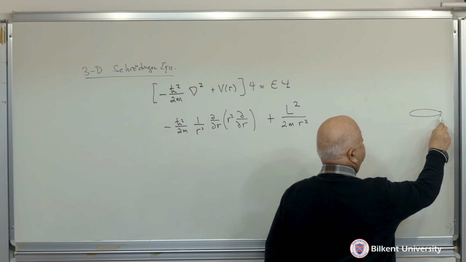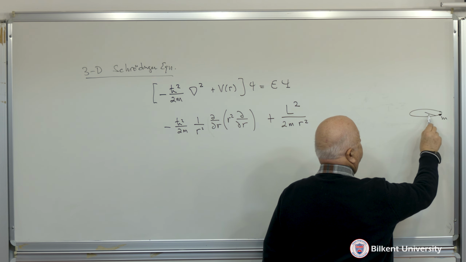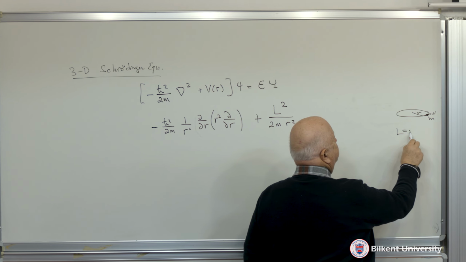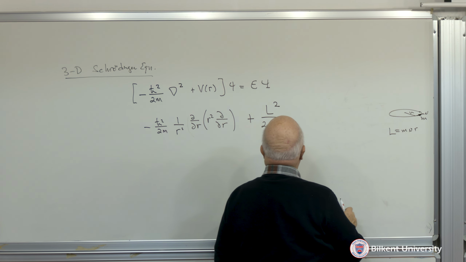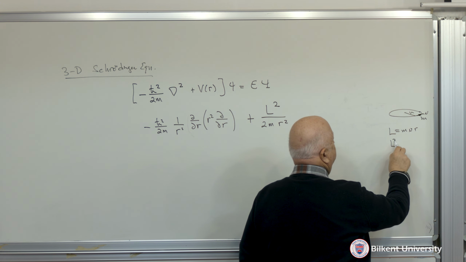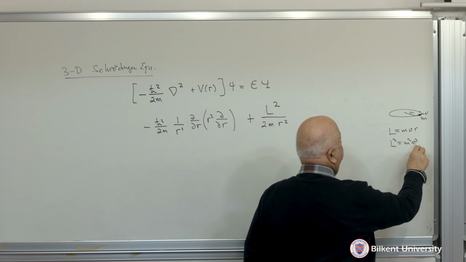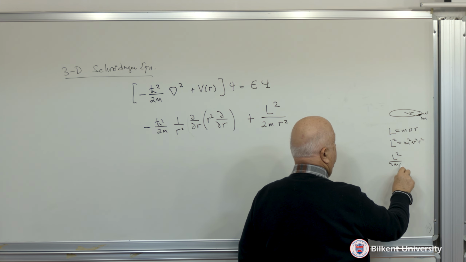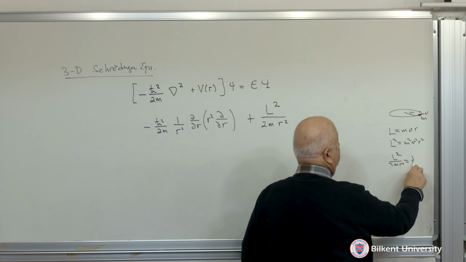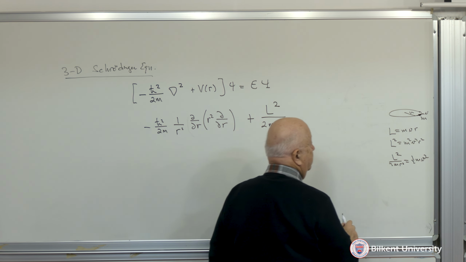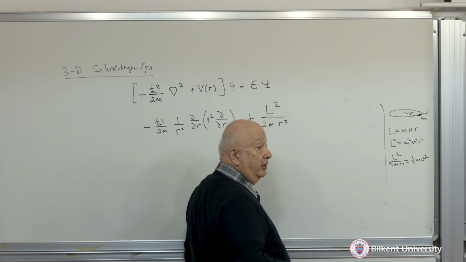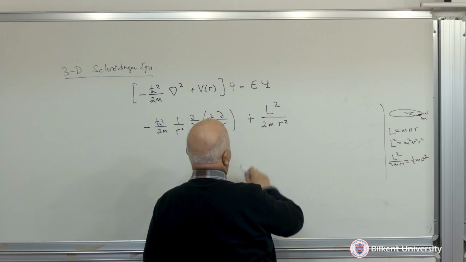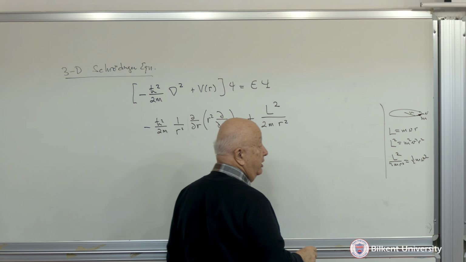If you have some mass rotating around some center with some velocity v, the angular momentum is mvr. So L squared becomes m squared v squared r squared, and L squared over 2mr squared then becomes 1 over 2 mv squared. It's a classical sort of calculation, but it gives you the correct term here also. So L squared is the angular part.